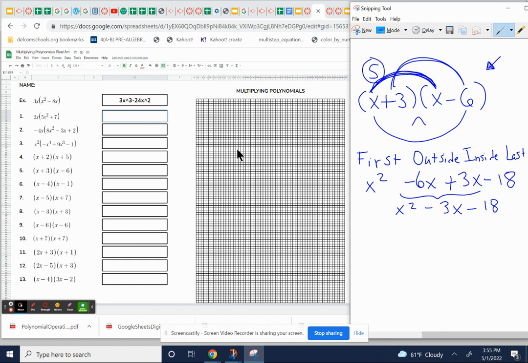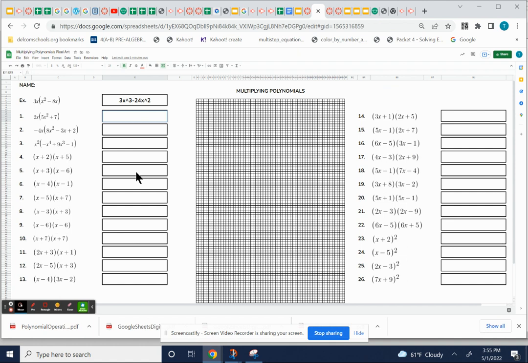My answer should be x squared minus 3x minus 18. So if I type in x squared, and remember you have to use the caret, minus 3x, and then minus 18, click off of it, and you'll get a picture.